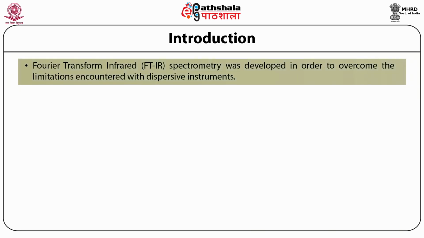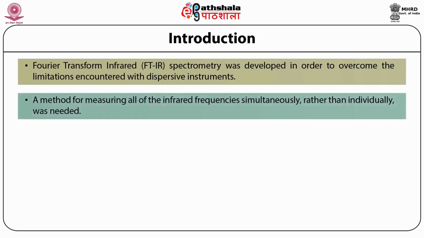Fourier transform infrared (FTIR) spectrometry was developed in order to overcome the limitations encountered with dispersive instruments. The main difficulty was the slow scanning process. A method for measuring all of the infrared frequencies simultaneously rather than individually was needed.